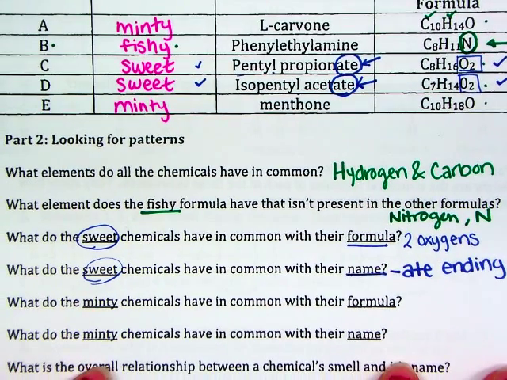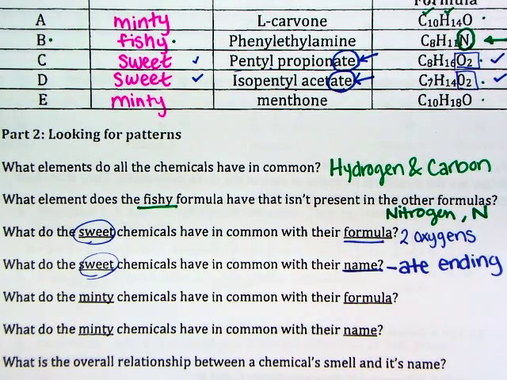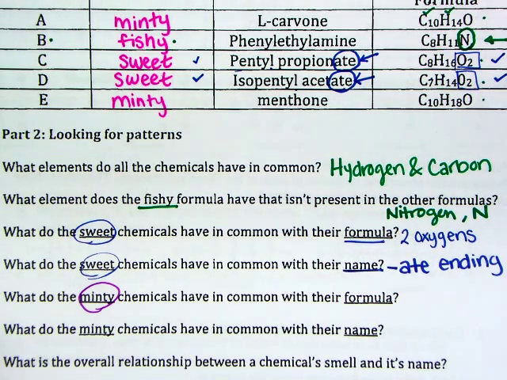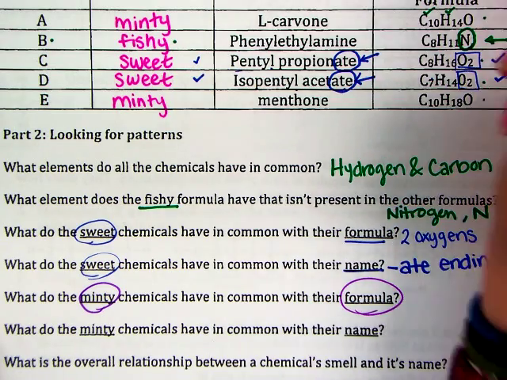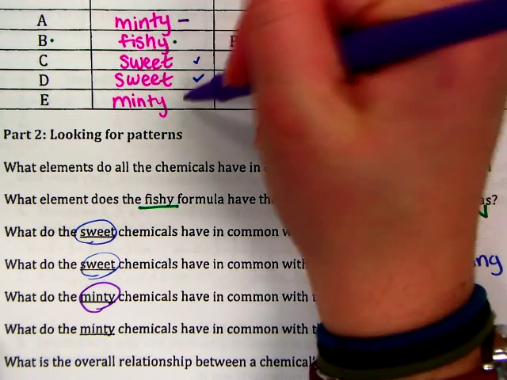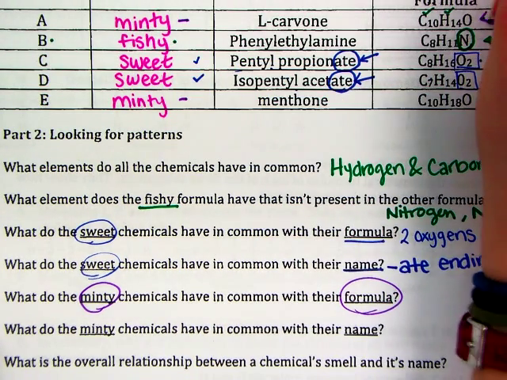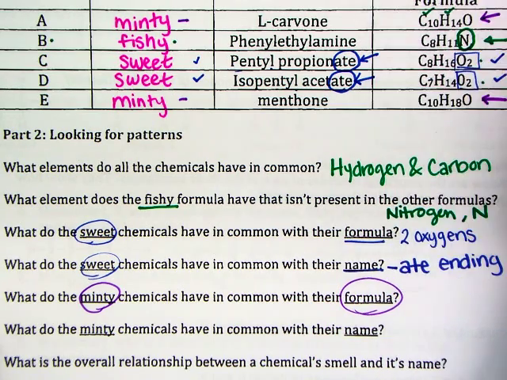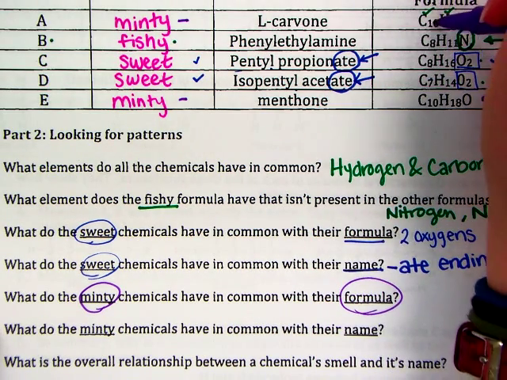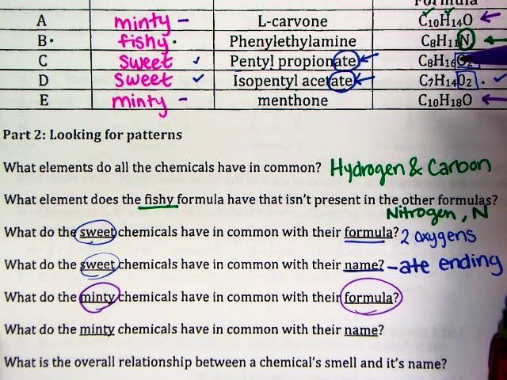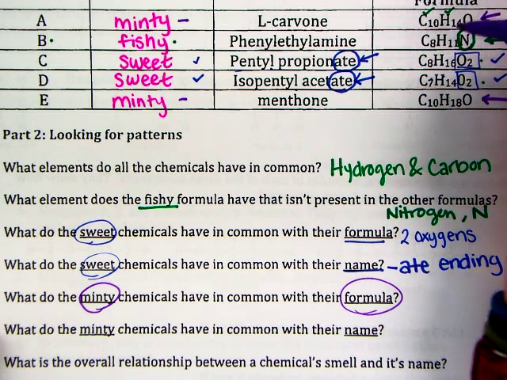Now let's compare that to the minty-smelling chemicals. What do the minty chemicals have in common with their formulas? Our minty chemicals are A and E. They both do have 10 carbons, but again, that's not always going to be true.